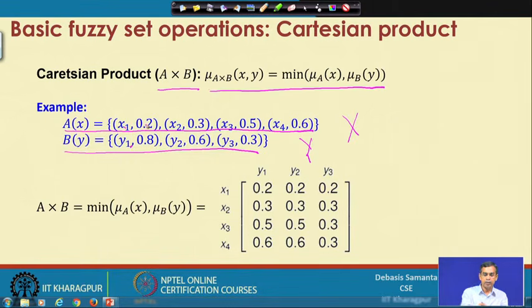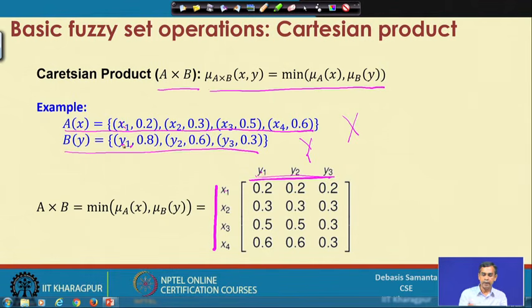So, it is 0.2 and 0.8, so 0.2. This can be better represented by means of a matrix. All the elements which belong to the set A can be represented here, and all the elements which belong to the set B can be represented here, and then x1 and y1.